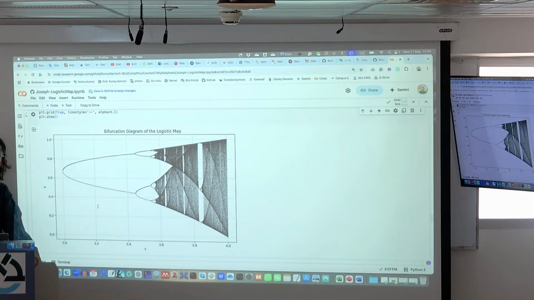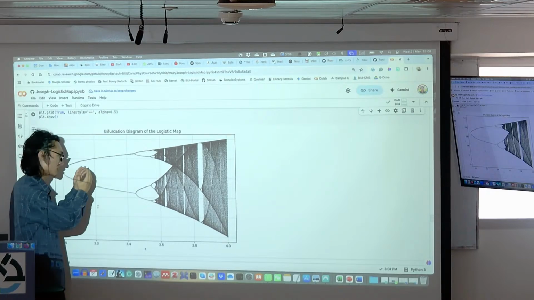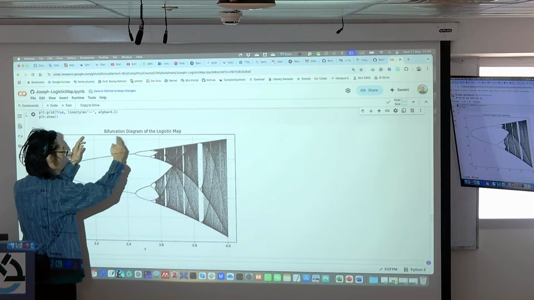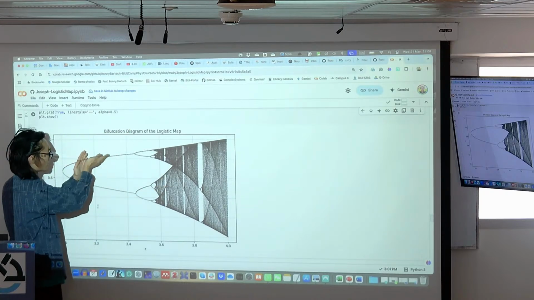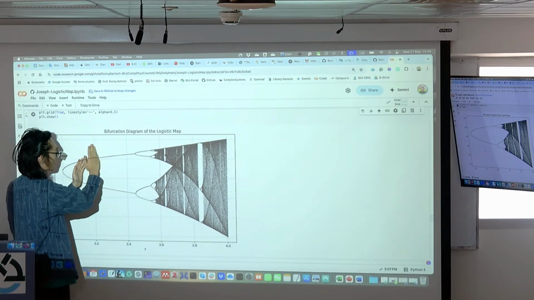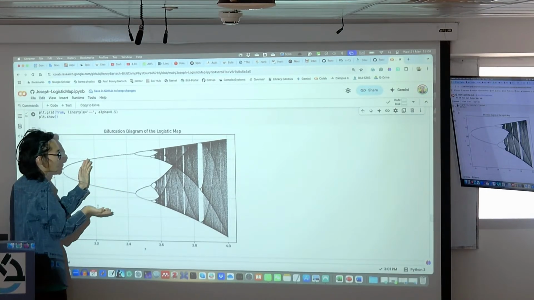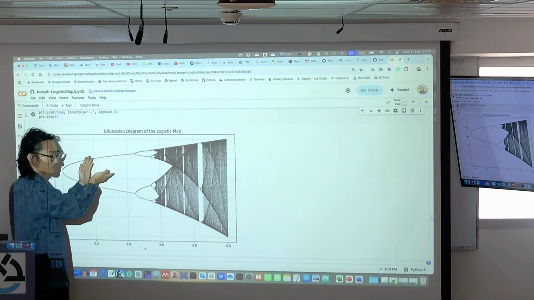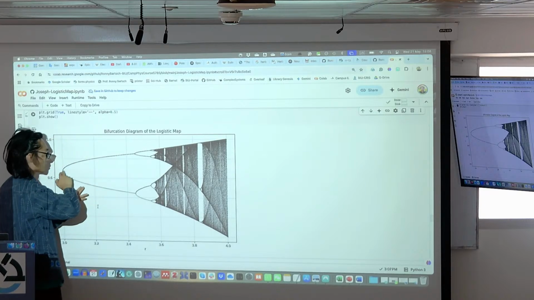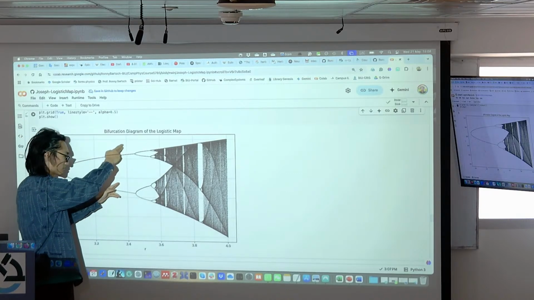The first one to do it used a liquid. There's a video on YouTube: a cubic box, half hot and half cold, and you change the frequency to heat it, and it will show a logistic map of the temperature.